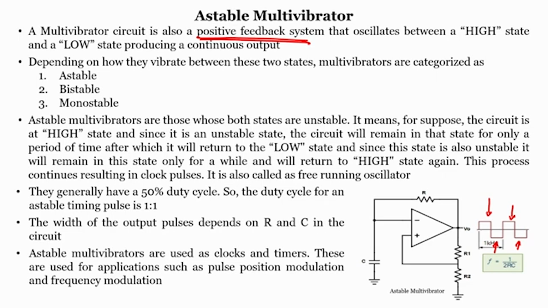Since it switches from high to low and low to high, it results in a clock and is also called a free running oscillator. They generally have a 50% duty cycle. So, the duty cycle for an astable timing pulse is 1:1. The width of pulses depends on R and C.